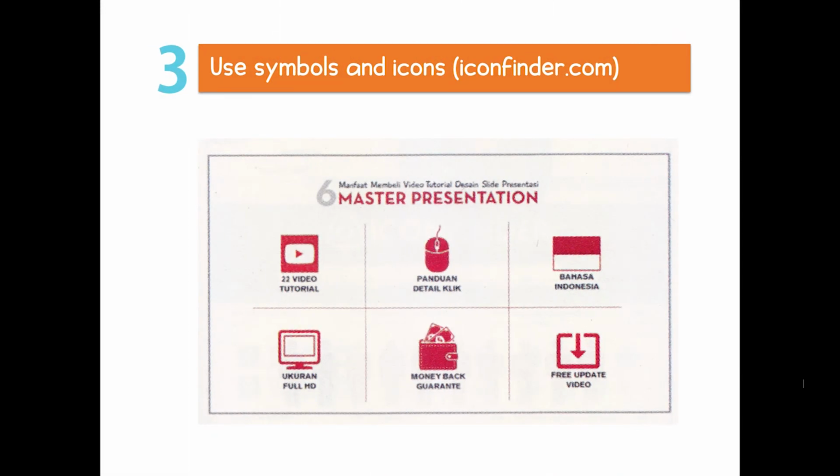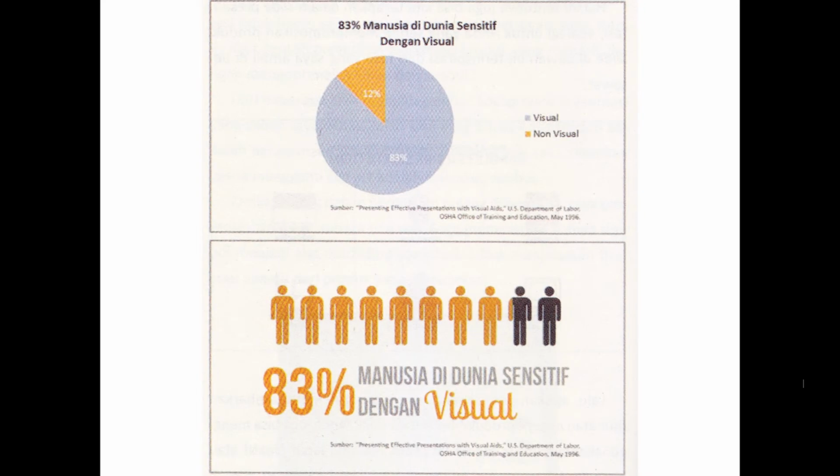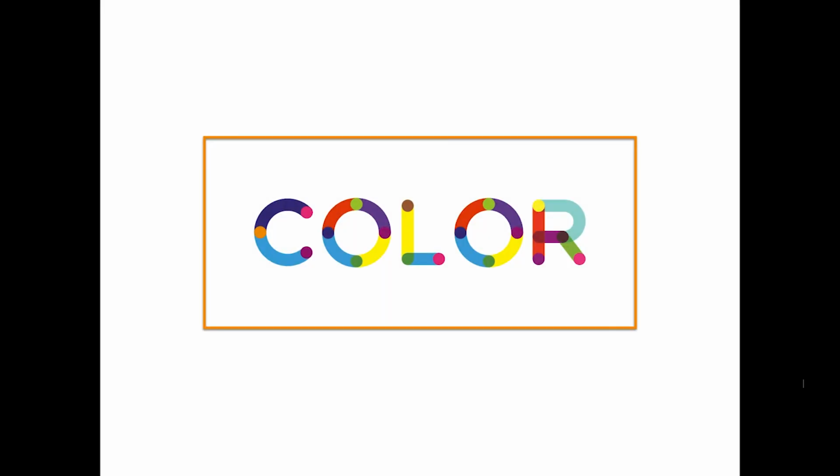Tips number 3. Use symbols and icons. You can find free symbols and icons on iconfinder.com. Look at how a symbol and icon works. Research shows that most humans in the world, 83%, like visual more than non-visual.